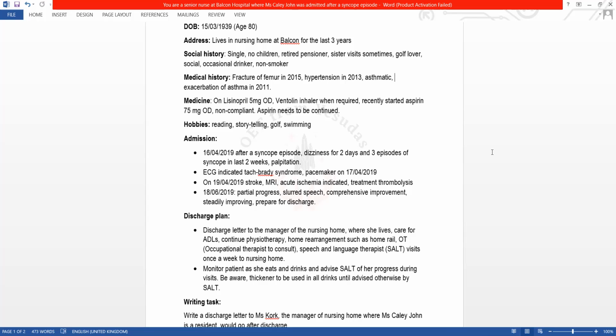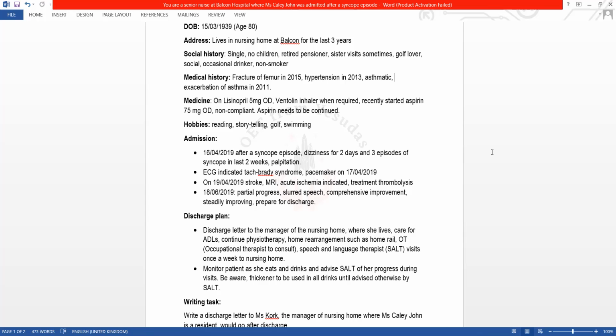ECG was taken, which indicated tachybrady syndrome, and the pacemaker was installed on 17th of April 2019. On 19th of April, she had a stroke. MRI was taken, which indicated that the stroke was an acute ischemic stroke. Now we have done thrombolysis to treat the stroke.